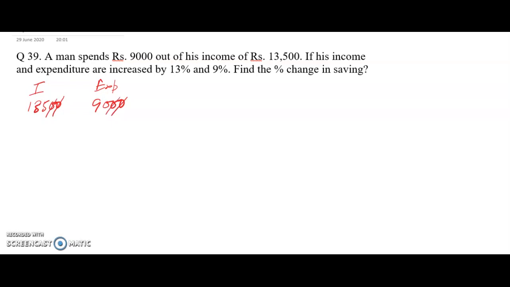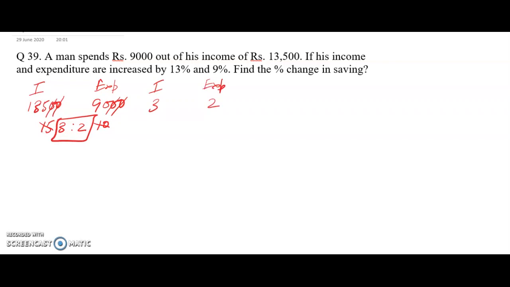So if we simplify this, we will get 3:2. So income is 3 units, expenditure is 2 units.